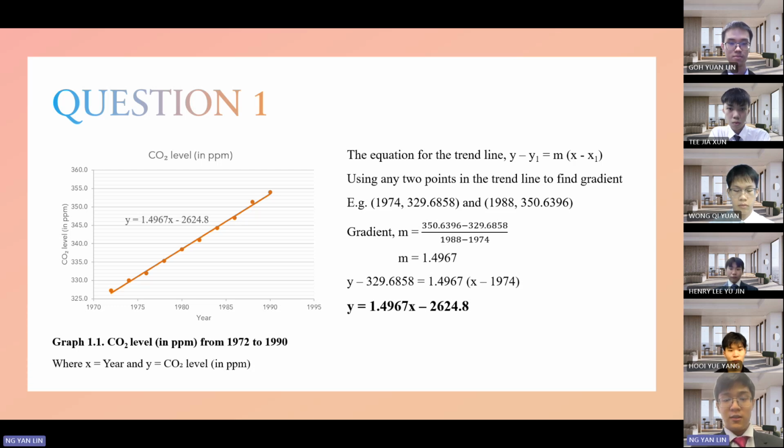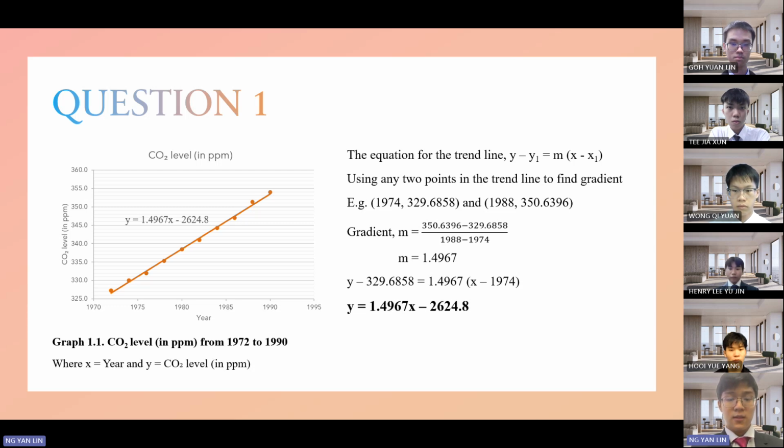To obtain the trend line equation, we first need to find the gradient. We can do this by selecting 2 points that lie on the line. Here, I will choose 1974, 329.6858 and 1988, 350.6396. Applying the formula m equals y2 minus y1 over x2 minus x1 gives us the gradient, which is approximately 1.4967.